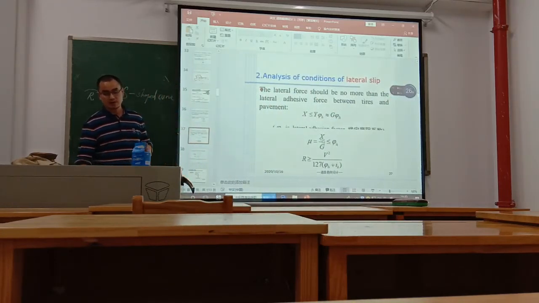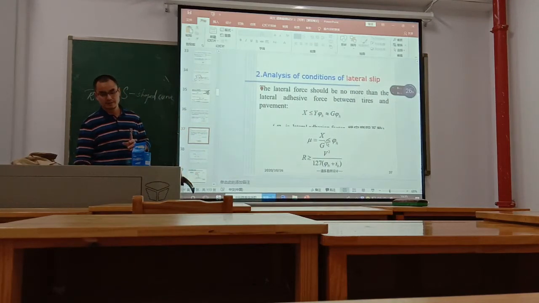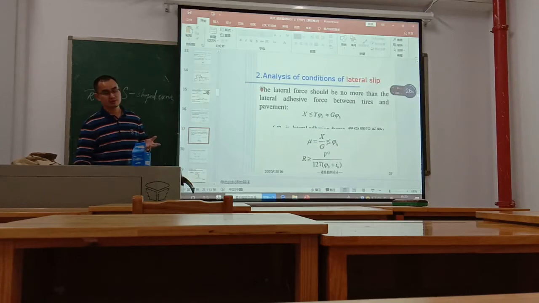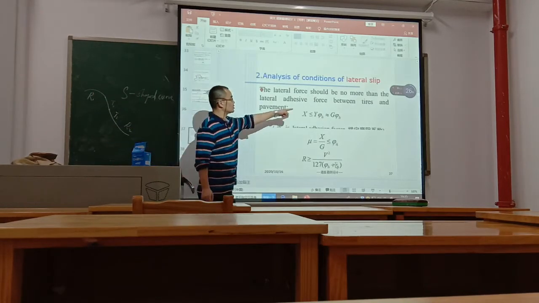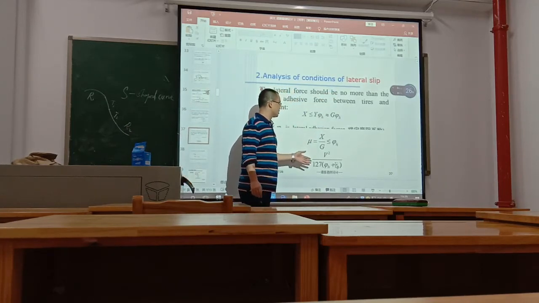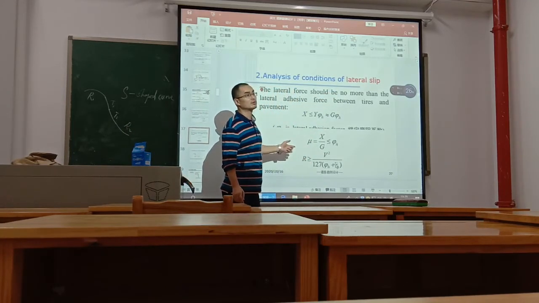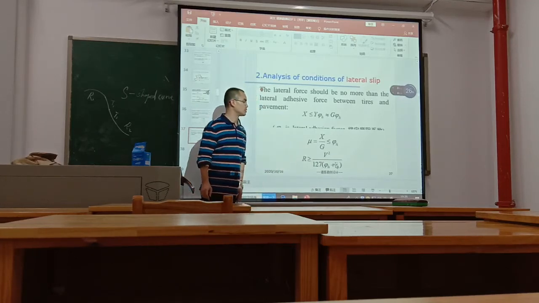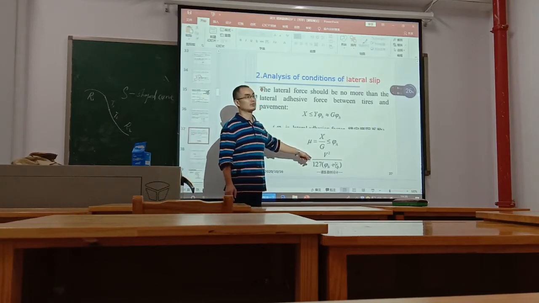So the final stability condition is which expression, this or this? This condition, lateral slip, is the final stability condition. It's the decisive condition.